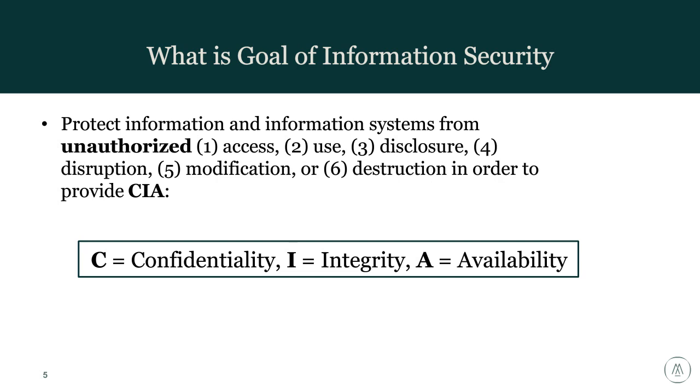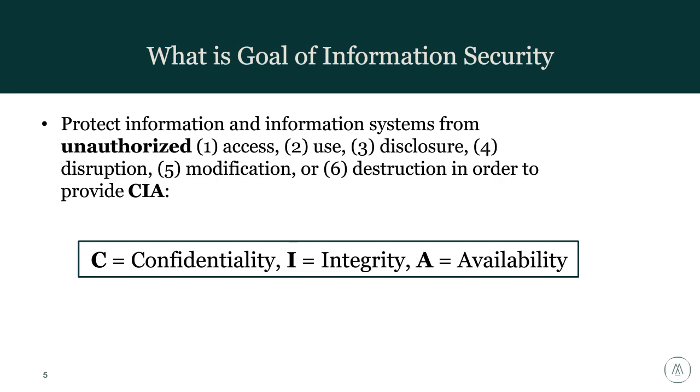It stands for confidentiality, meaning that only authorized users should have access to confidential, sensitive, classified information. Integrity means that only authorized individuals should be able to make modifications to that data. And availability means authorized individuals or groups should have access to the data when they want it.